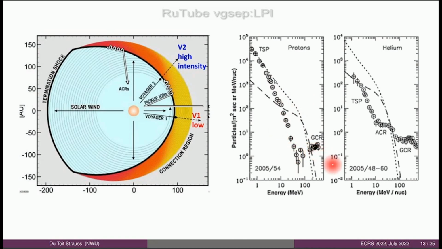The most reasonable, I think, and widely accepted idea is simply that the shock is not a perfect sphere, circle. The shock acceleration is not equally efficient everywhere at the shock, and by some arguments of connection time, you can argue that the shock is more efficient at accelerating particles at the flanks of the heliosphere and maybe more inefficient at accelerating the pickup ions at the nose.